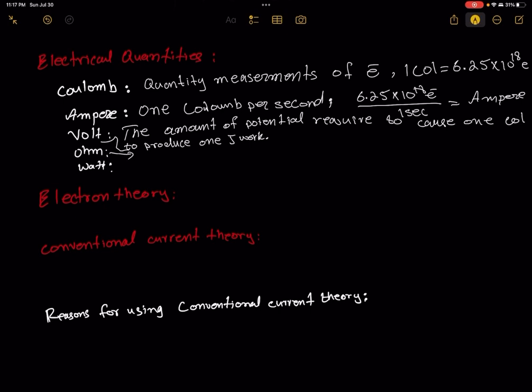Ohm is defined as resistance that can control the flow of current in a circuit.